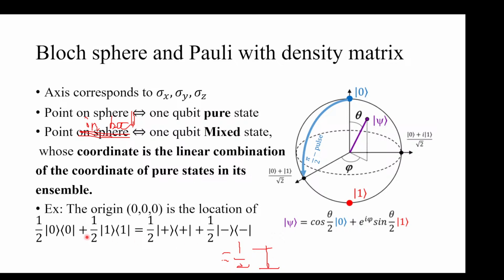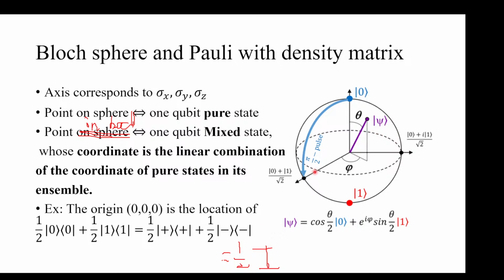And it's very nice because you can check it with the other decomposition. We know this completely mixed state is also a probability mixture of different states: 1/2 of the plus state and 1/2 of the minus state. This also checks out because the plus state is located at +1 on the x-axis and the minus state is at -1 on the x-axis.